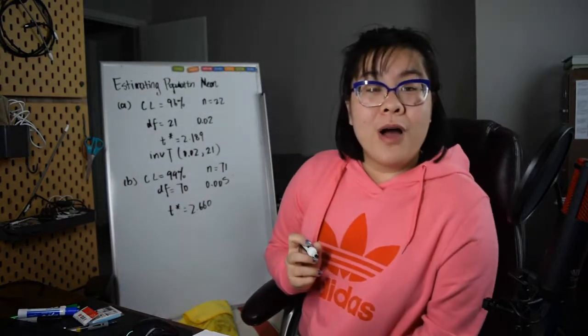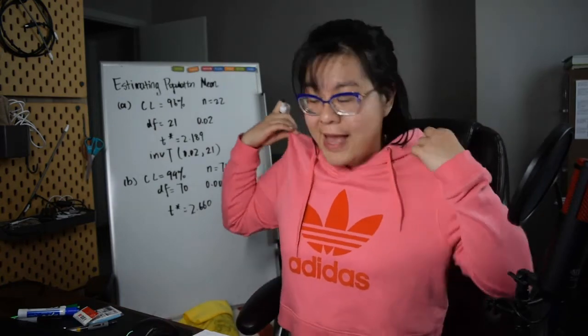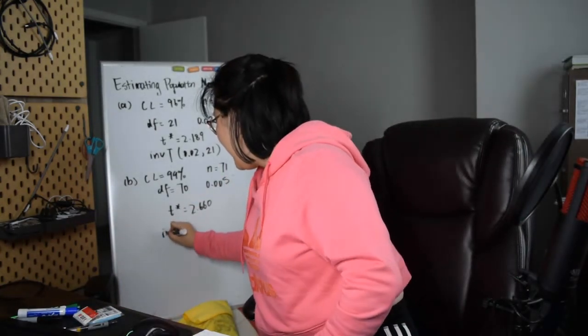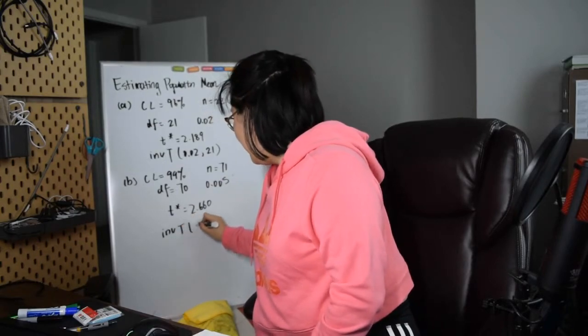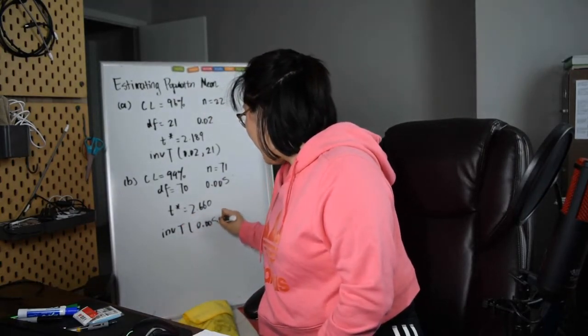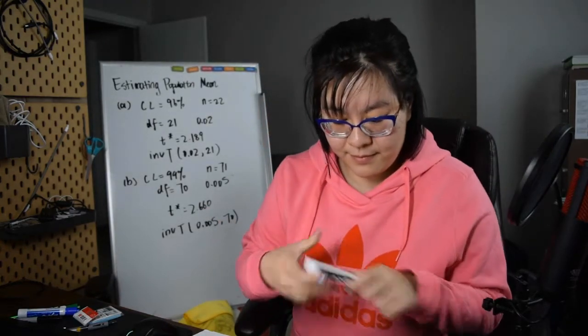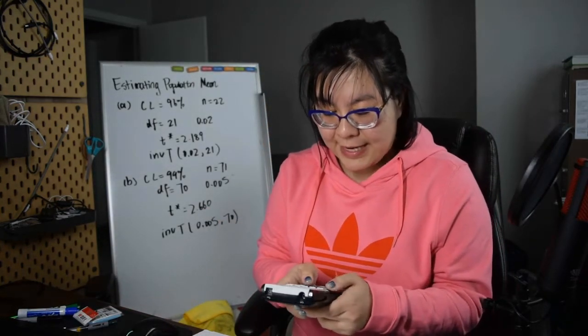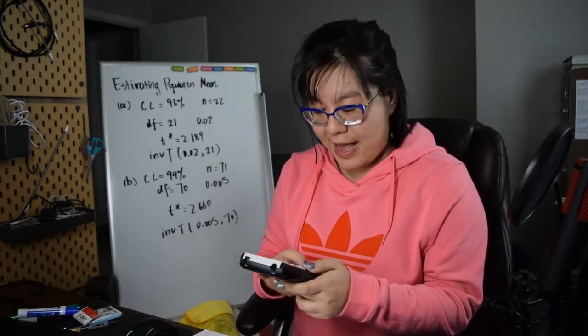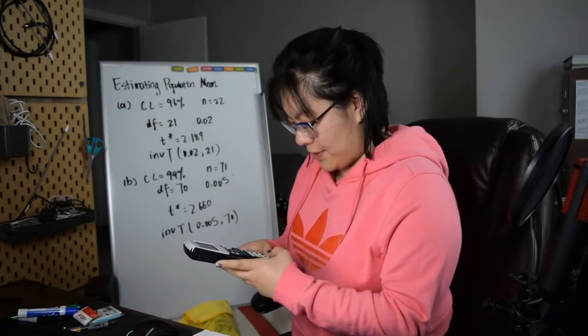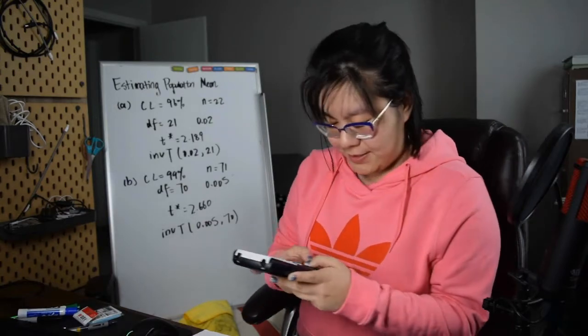Okay, and if you want a more accurate answer, you can use the calculator, inverse t, 0.005 and 70. Let's do second vars and INVT 0.005 and 70.